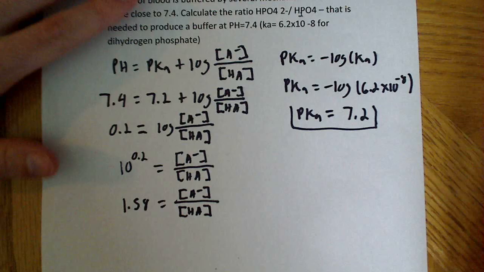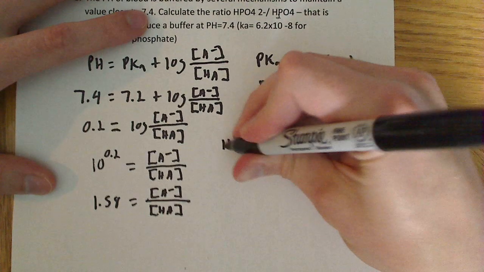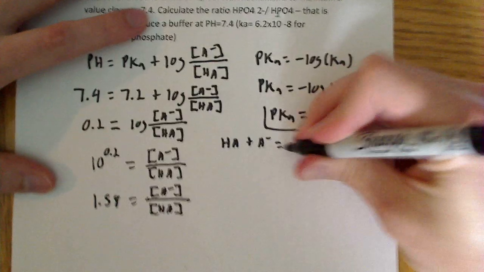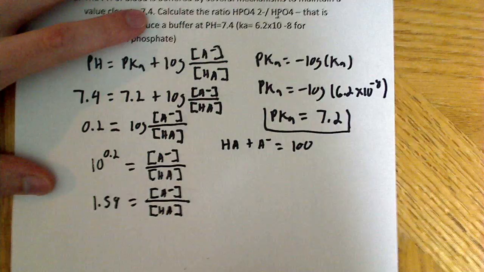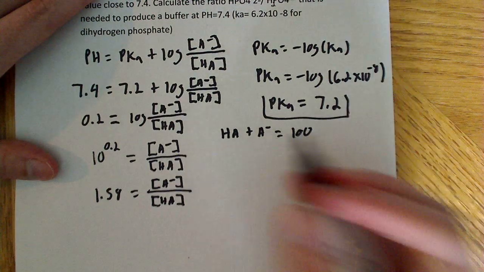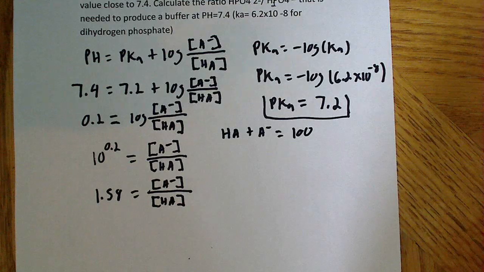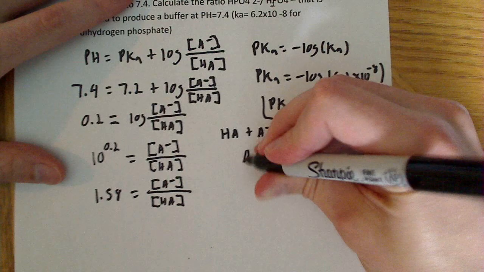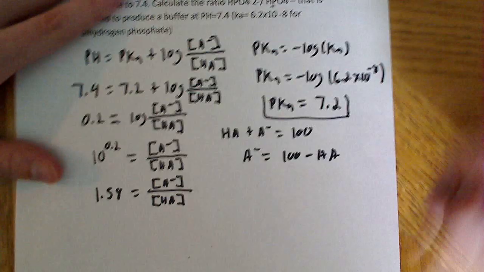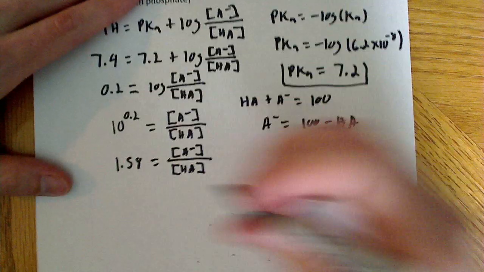Now we need to do a little bit more algebra. We need to say that HA plus A- is equal to 100, because the protonated and deprotonated forms together make up 100 percent. So simply solve for one of them: A- is equal to 100 minus HA. Now we can plug that into this equation over here.